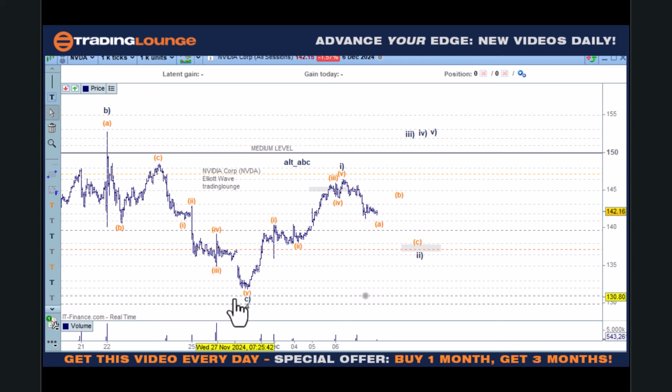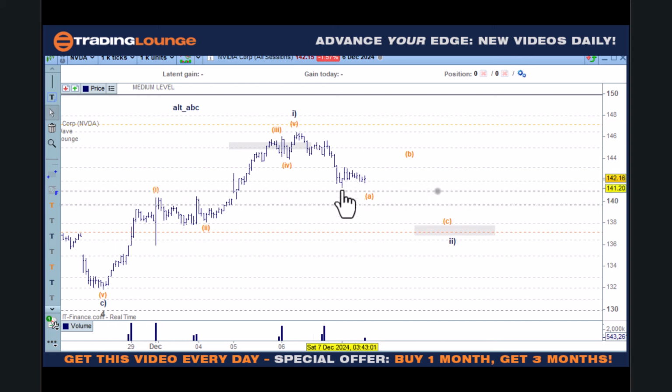So certainly we could look at this as an A and a B and a C up here. It just depends how you want to count that spiky thing here and the rest of this as well. So I don't think it's the ABC pattern here because it wouldn't be in line with the general market. So that's kind of an alternative count. But at the same time, this particular little move up here doesn't count very nicely as an impulse wave.